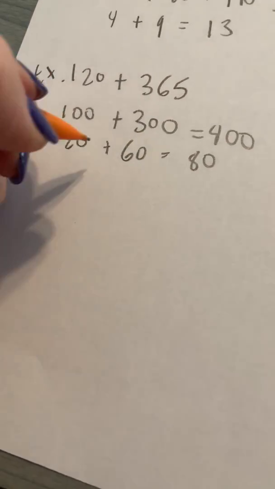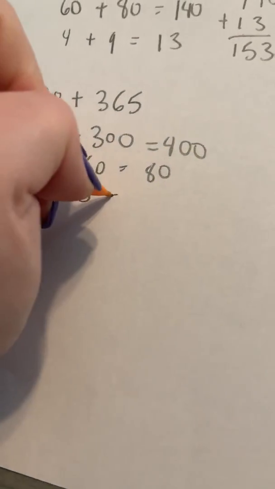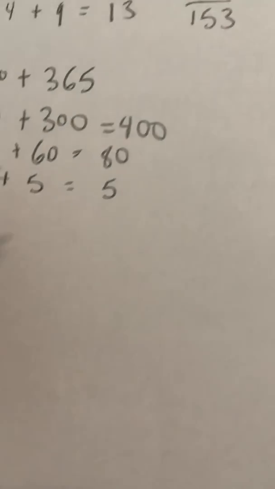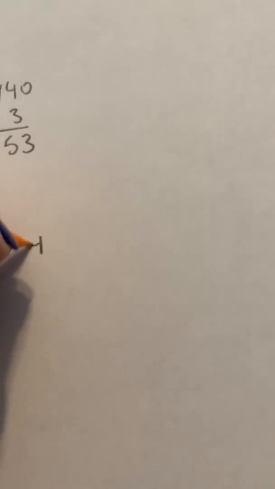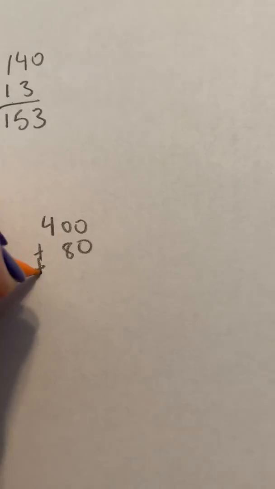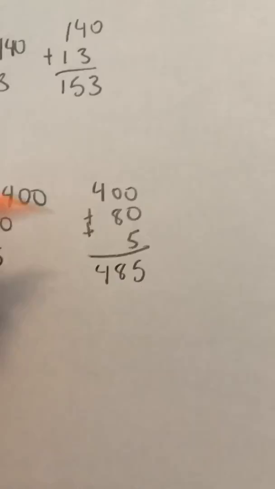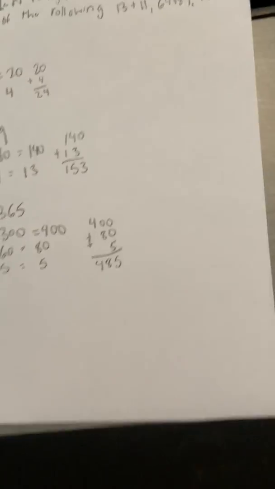That's going to be 80. And then now all we have is the 0 plus the 5, which is 5. So what we have out of this is going to be 400 plus 80 plus 5, which is going to be 485. And that's the answer to the last one for number 15.